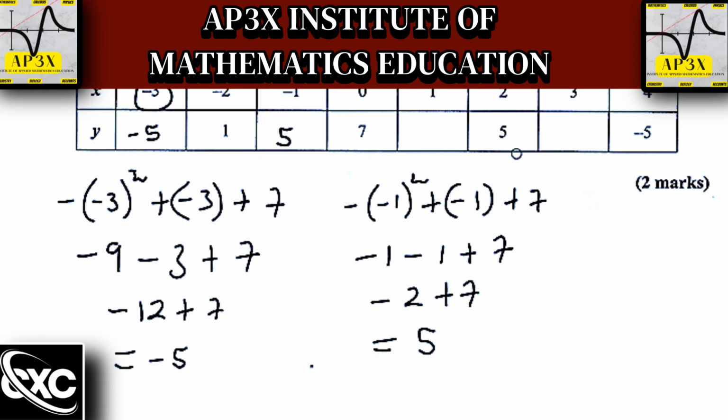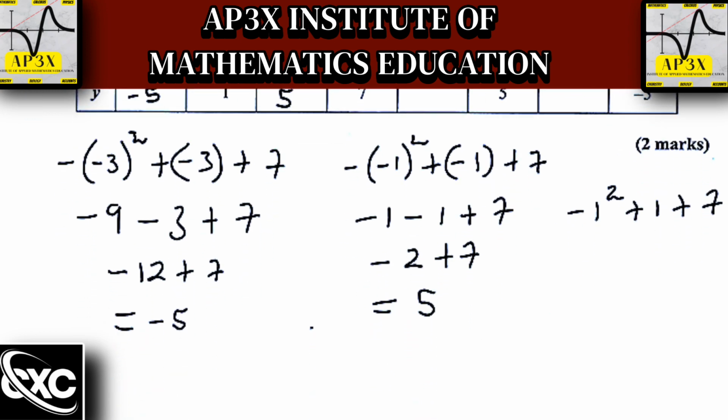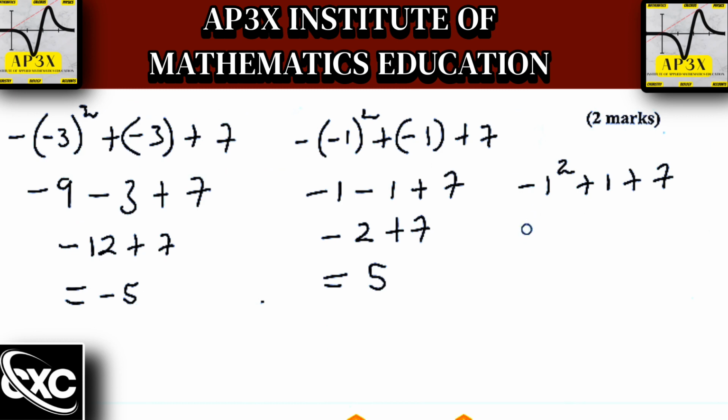Do the same procedure with 1, so that's going to be negative 1 squared, and if you want to put the 1 in bracket, that's up to you, but it's fine, minus 1 squared, and that's going to be plus 1, and that's going to also be plus 7. So we're following the formula, and so minus 1 squared, that's going to be minus 1, so we square the 1, negative 1 plus 1 plus 7.